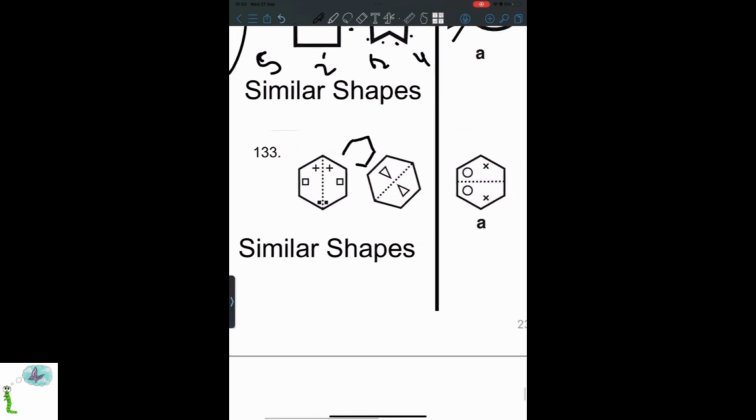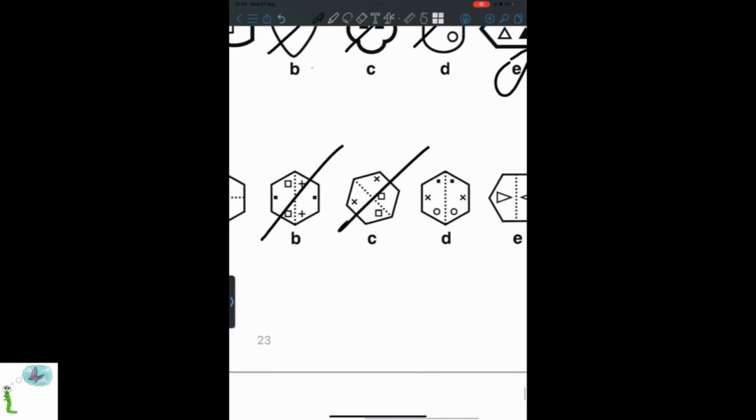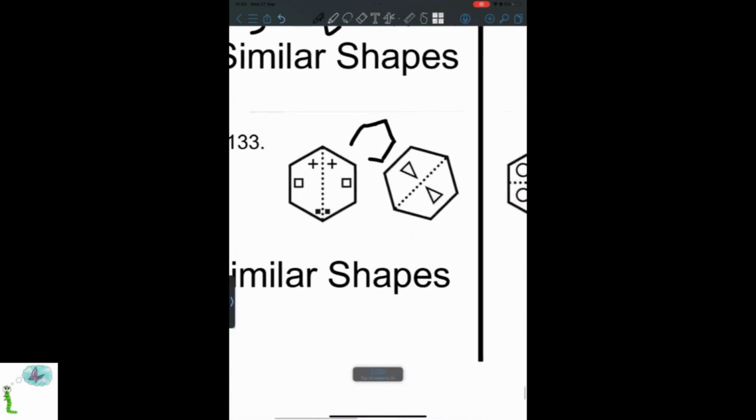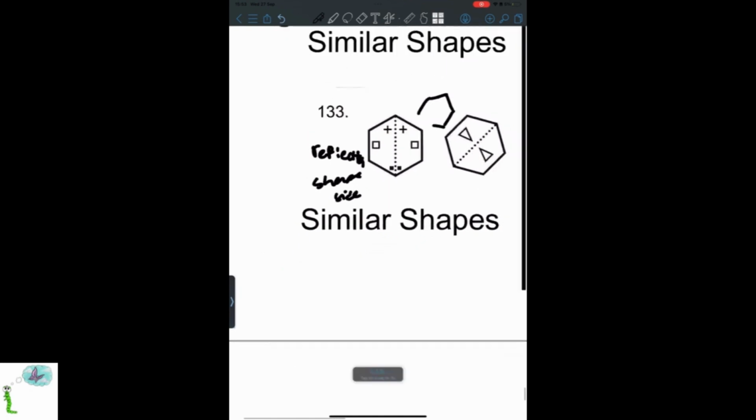Three shapes. There's a line of reflection down the middle. You can only cross out a few. We're left with 3 shapes. So what else can we look at? We've looked at reflection. We've looked at shape number. We've looked at sides. We can also look for something else.